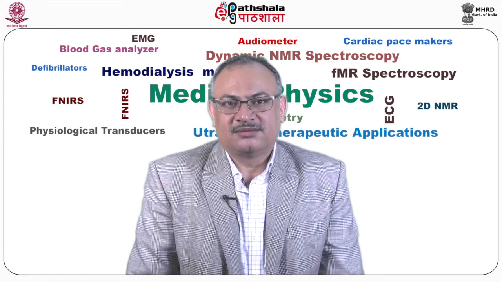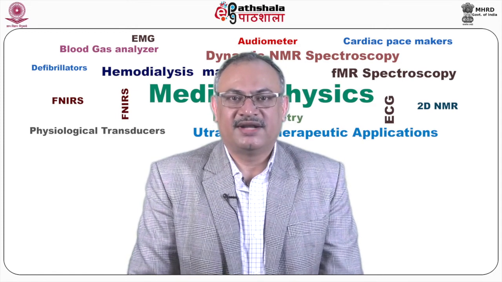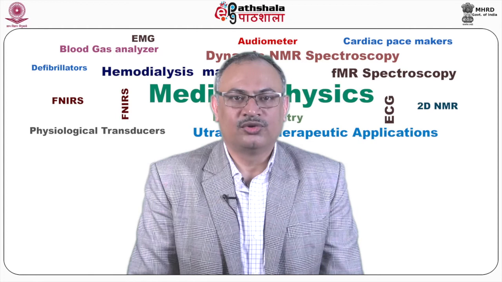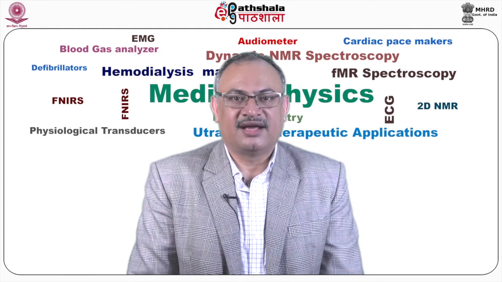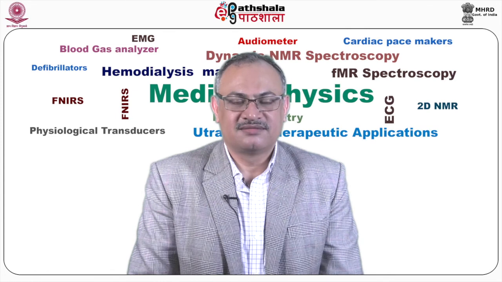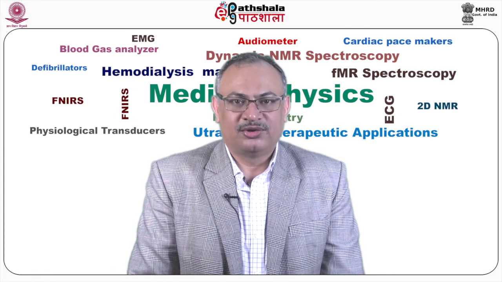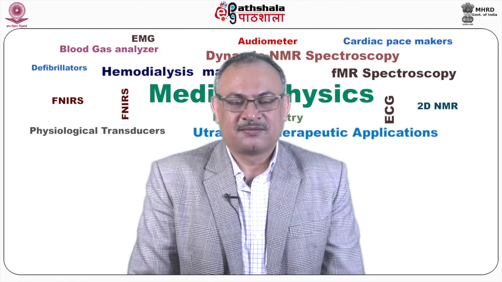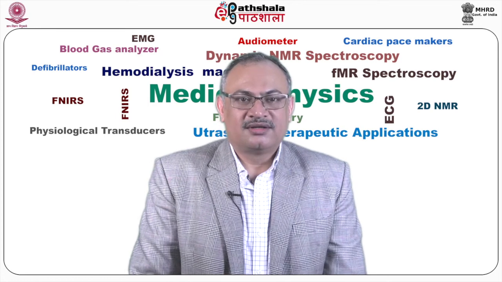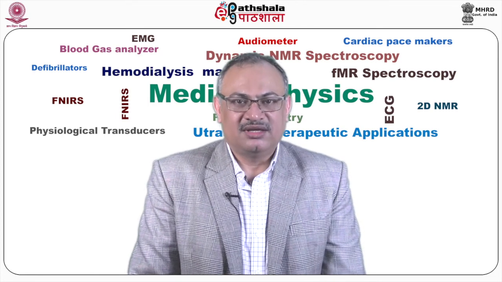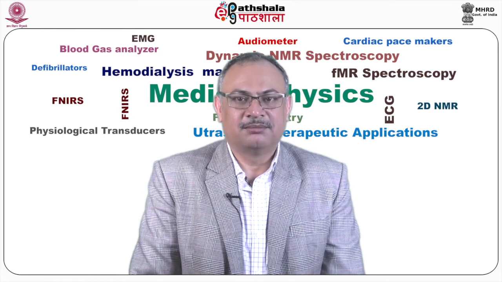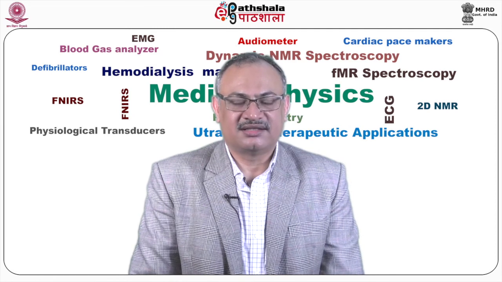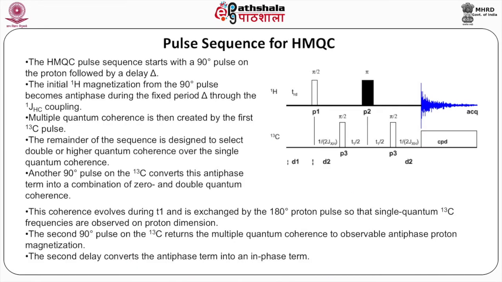The HMQC spectrum also shows through-bond 1H-1H couplings along the indirect C13 dimension because both proton and C13 are in the XY plane during C13 evolution. Carbon decoupling can be performed during proton acquisition with the GARP or WALTZ sequences. Interfering proton-12C magnetization in HMQC can be suppressed either by using a BIRD pulse or by gradient selection of proton-C13 magnetization. The pulse sequence for HMQC is as shown.